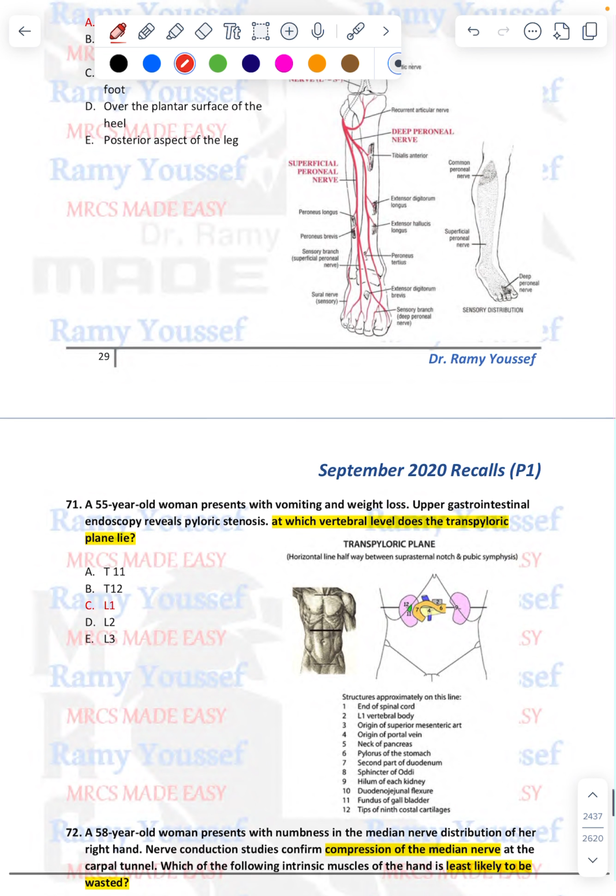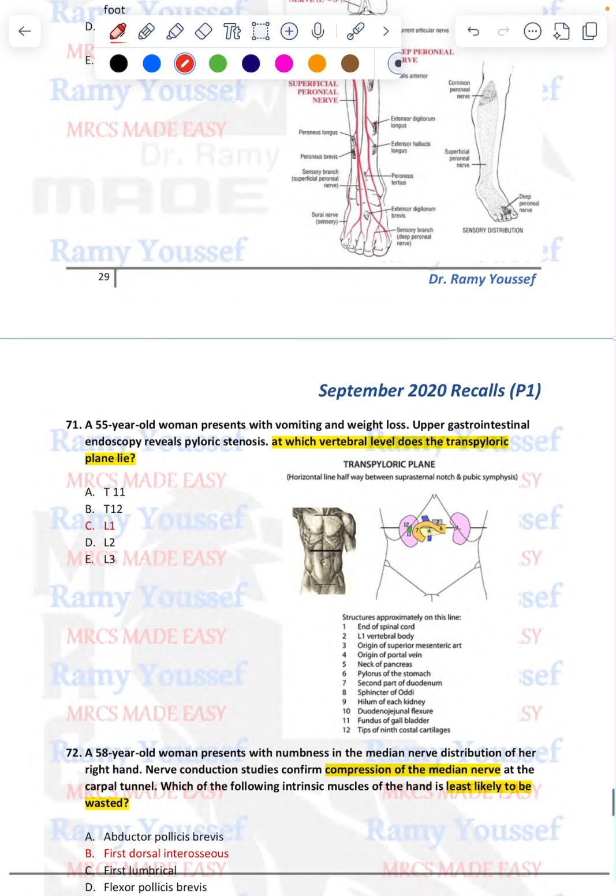A 58-year-old woman presents with numbness in the median nerve distribution of her right hand. Nerve conduction studies show compression of the median nerve at the carpal tunnel. Which of the following intrinsic hand muscles is least likely to be wasted? Now, wasting in this: abductor pollicis, lumbricals, whatever, let us see.